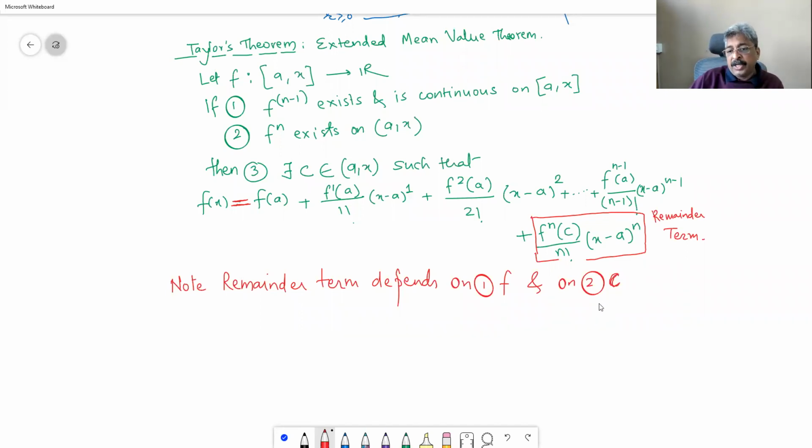We want it to be dependent on the function and some point in the neighborhood of a. The neighborhood of a is ax. x is a dynamic point, but you can bring it near a as much as you want. Okay. So proof.